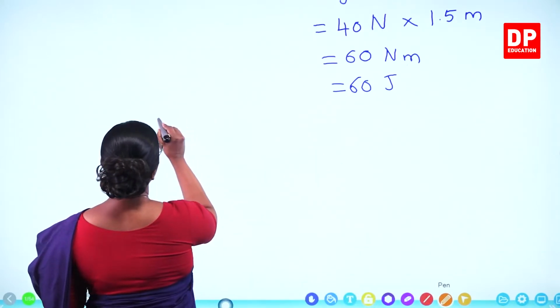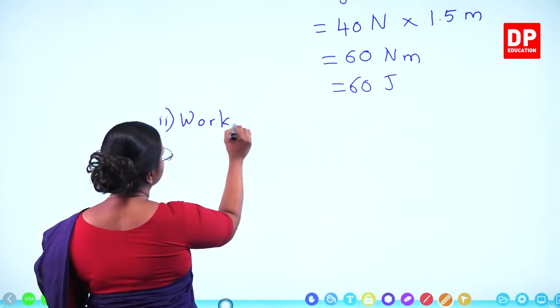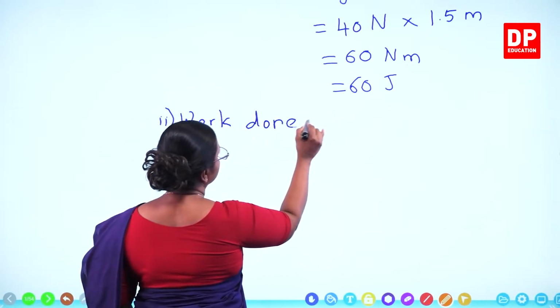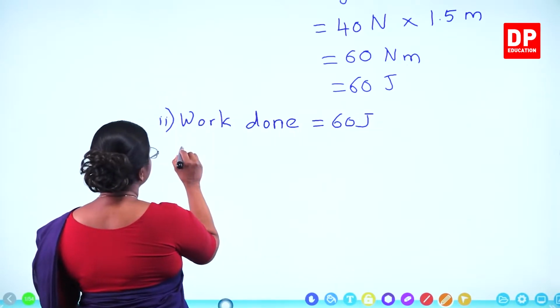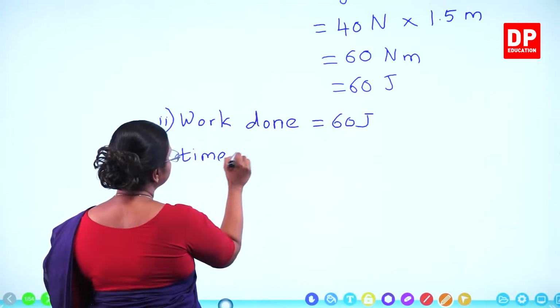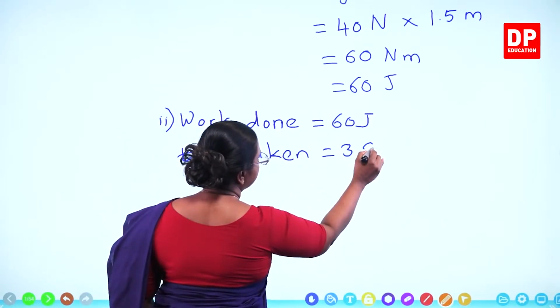So we can say, second one, work done 60 joules, time taken 3 seconds.